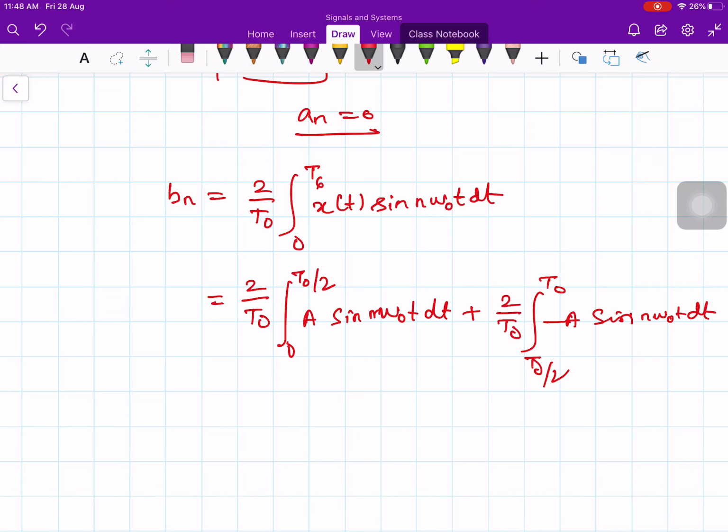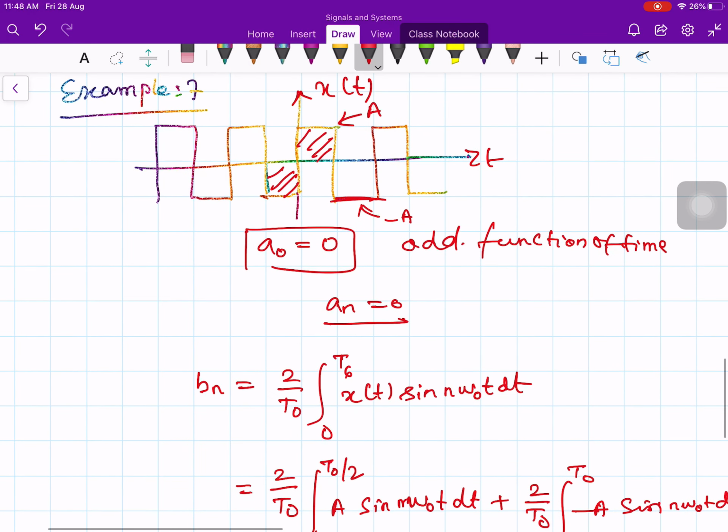Alternately, we can make use of one property which we discussed in the last lecture. When we were talking about the half-wave symmetry condition, we said whatever is happening in the positive half cycle will occur with the negative sign in the second half cycle. It is exactly the same situation here.